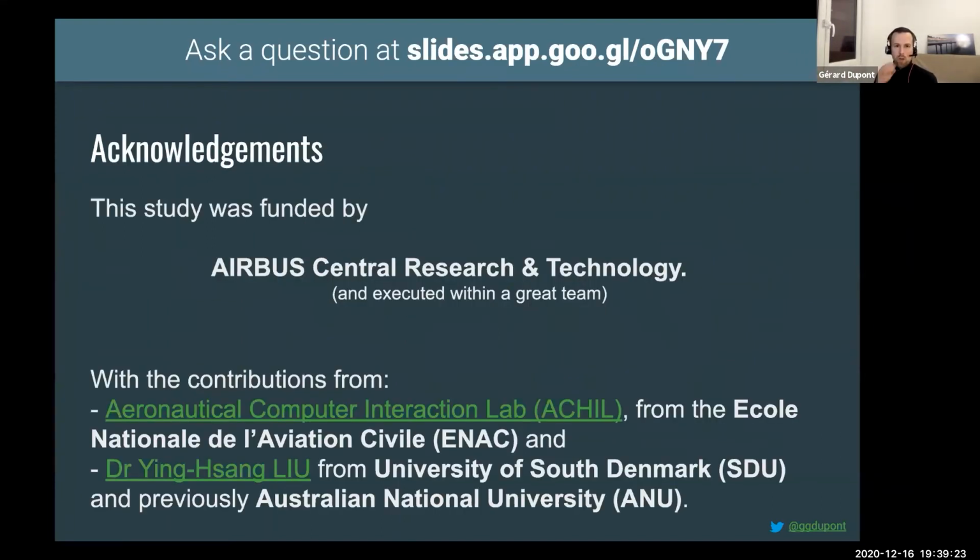Yeah, just a few acknowledgements. The project was funded internally by the Airbus Central Research Technology. I just want to thank two of our partners. The ENAC School, who provided access to their aeronautical computer interaction lab, so the cockpit simulator, and also access to the student pilots.